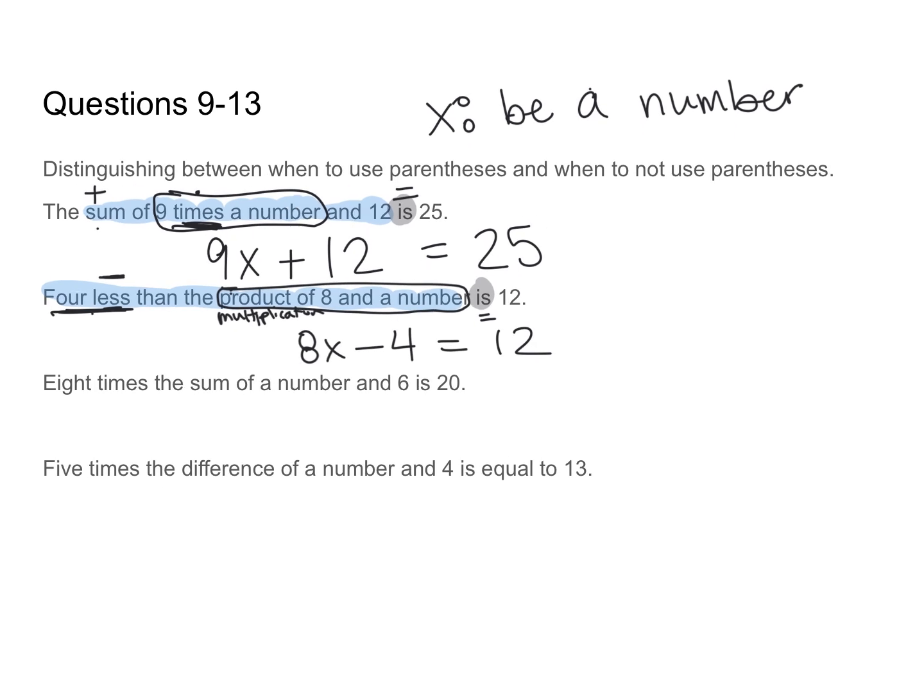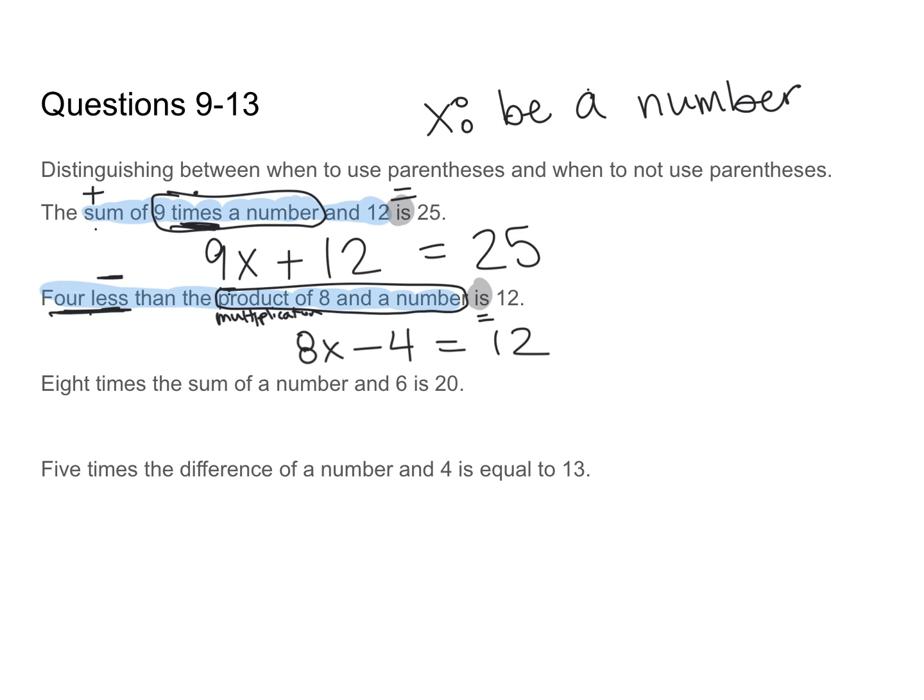Now, the next two are a little different. This time, I'll highlight this in red. I have 8 times the sum. See, before it was 9 times a number, or the product of 8 and a number. But this time it says 8 times the sum of a number and 6 is 20.